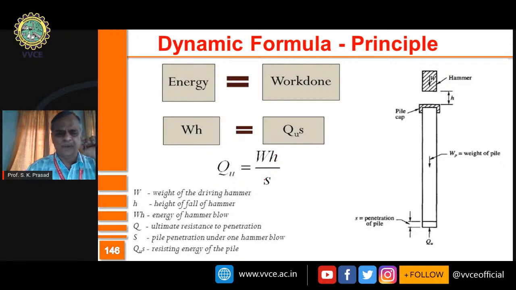But you require the allowable load, and hence you have to apply a factor of safety. And the kind of force applied for driving depends on several things. Therefore, there is some factor which has to be taken into account depending upon the type of the driver used.